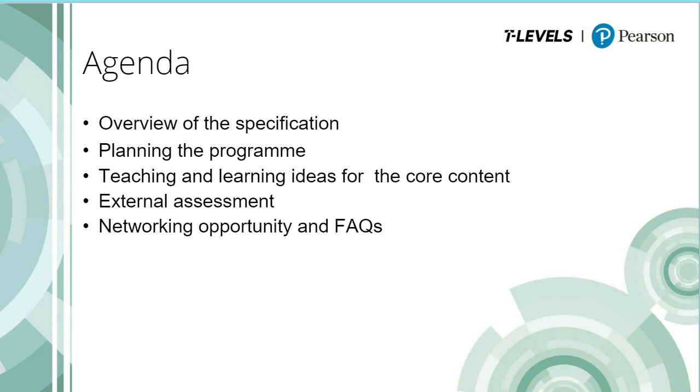So we're going to talk a little bit about that. Again, I'm going to give you some time to think and reflect and hopefully share your ideas with the other delegates in the room in terms of what you've got planned, but also to come up with any points in terms of the things that you may still need to know before you start delivering your program.